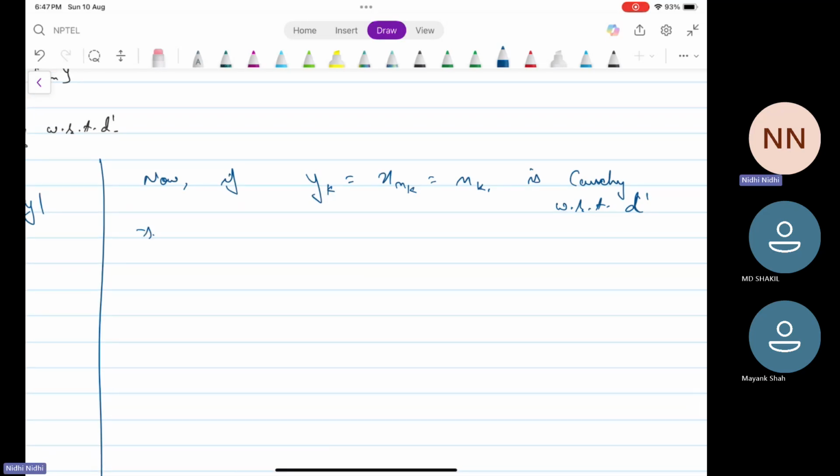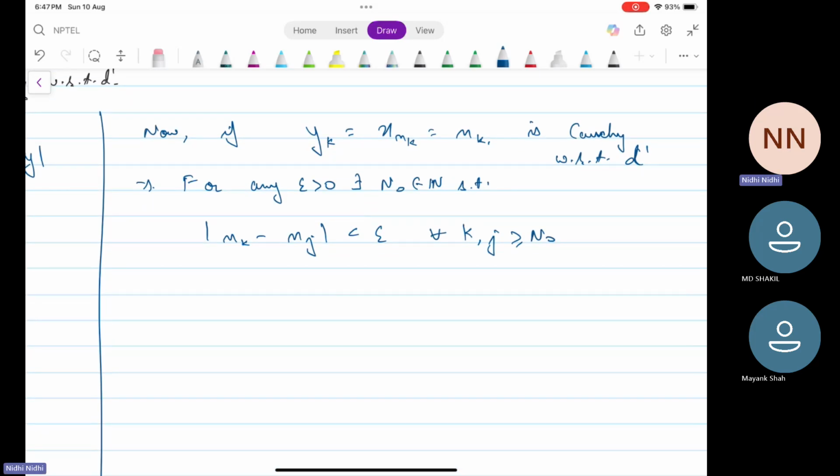That means for any epsilon positive, there exists a stage n naught in N such that |n_k minus n_j| is less than epsilon for all k, j greater than or equal to n naught. This is just the definition of Cauchy.